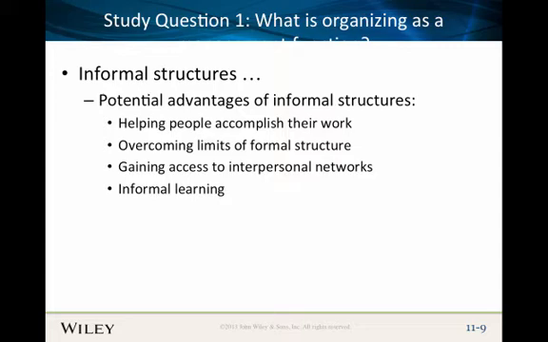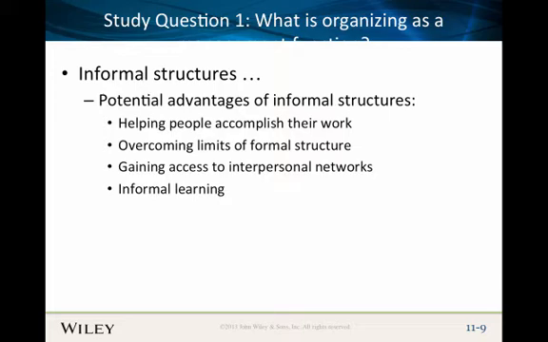And by getting into interpersonal networks, having friendships, getting into social arenas with others, it can definitely help in terms of mentorship, in terms of getting the resources necessary, acquiring the information necessary. And then there is informal learning through others, not necessarily through any formal training, but through the interactions that come from informal structures.